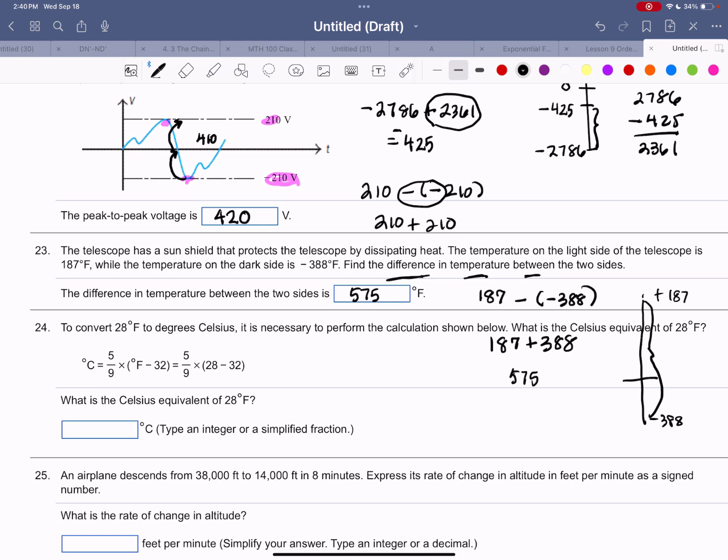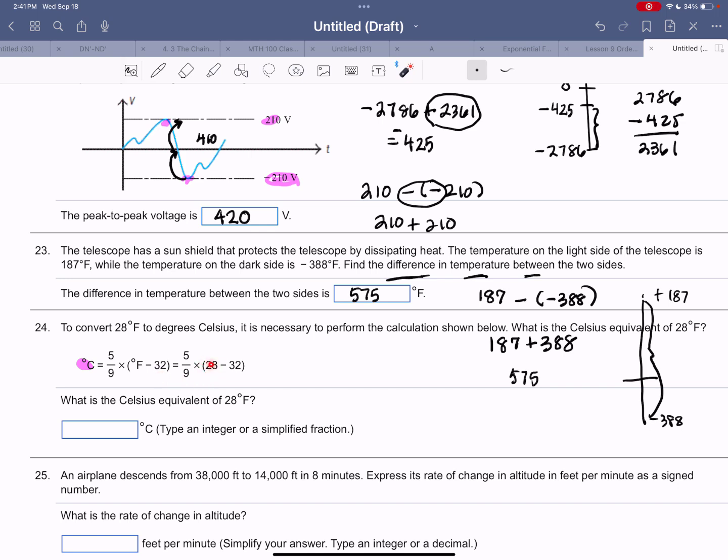Number 24, to convert 28 degrees Fahrenheit to Celsius, it is necessary to perform the calculation shown below. What is the Celsius equivalent of 28 degrees Fahrenheit? So they give us a formula, and they say Celsius is the fraction 5/9 times F minus 32.